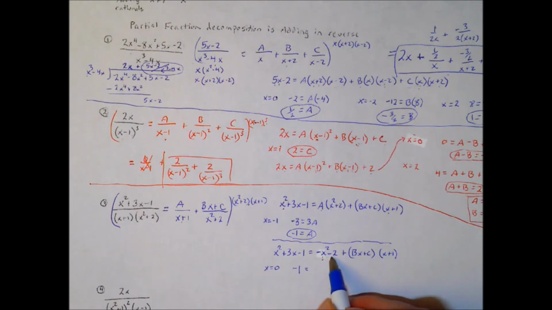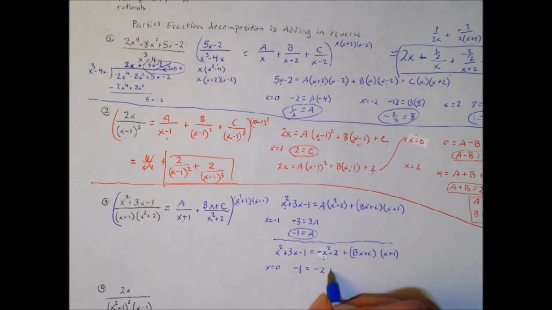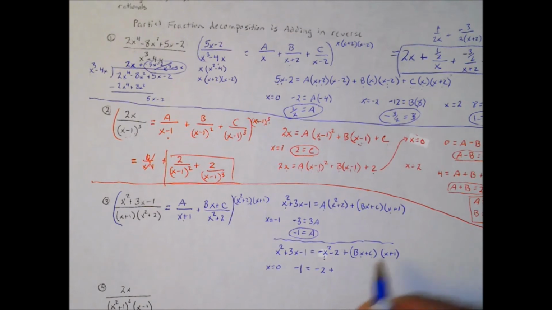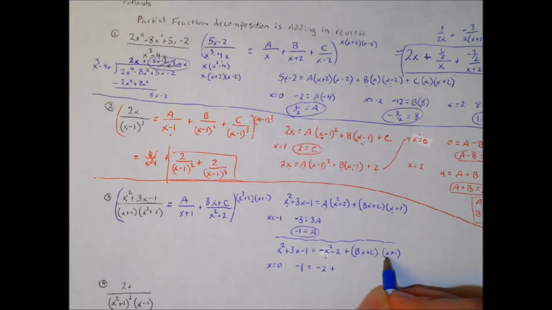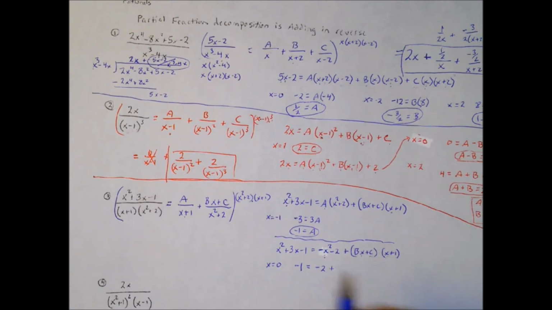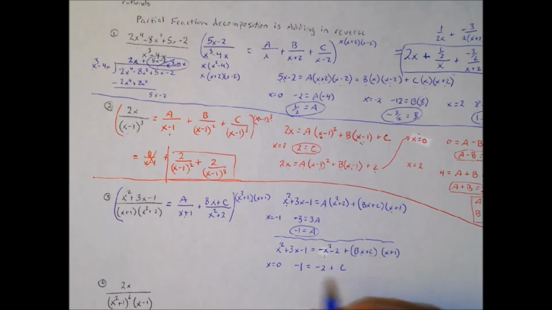A 0 here gets rid of the b. So I just have plus c. c times 0 plus 1 is 1, so c times 1 is just c. So I have this equation to solve. Add the 2 over. I get c is equal to 1. Okay.